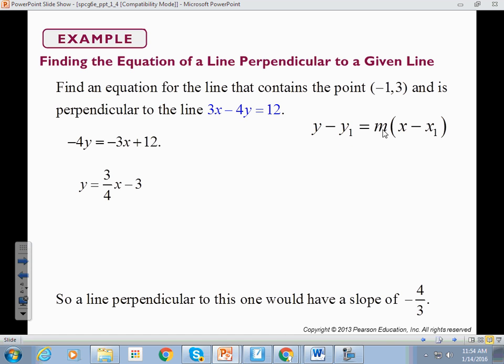So the slope goes here, and this point goes in there. So y minus 3 equals -4/3 times x minus -1. Simplify, and that's the equation of the line perpendicular to this one that passes through (-1, 3).